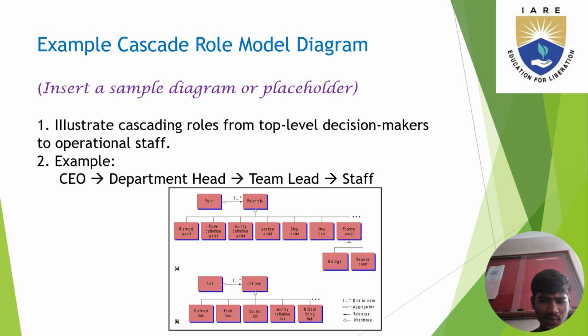For example: CEO, department head, team lead, staff. The CEO is the highest, next down is department head, next down team lead, next down staff. This goes from top level to lower level. This is clear, you can see it in the image.